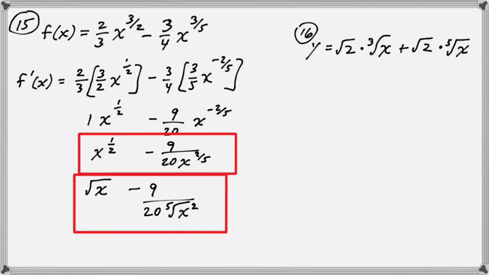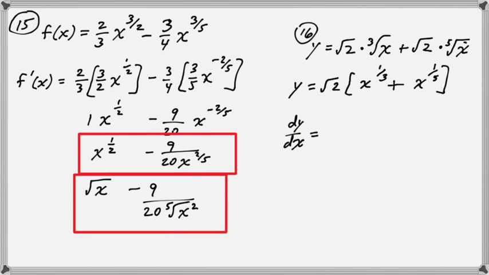16 is a little tricky unless you see it. I think on 16 I'd factor out a square root of 2. That would leave me with the 3rd root of x, which I'll call x to the 1/3, plus the 5th root of x, which I'll call x to the 1/5. Now when I take the derivative, please notice that I'm writing dy/dx when I change it to the derivative.